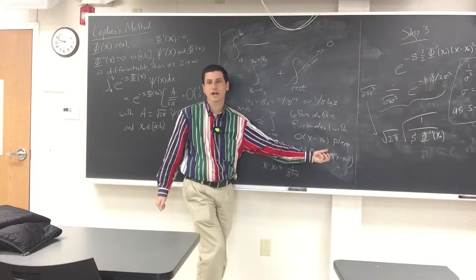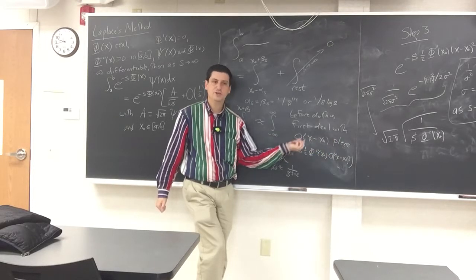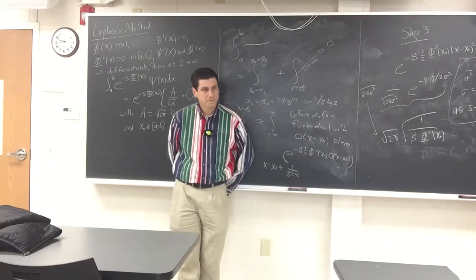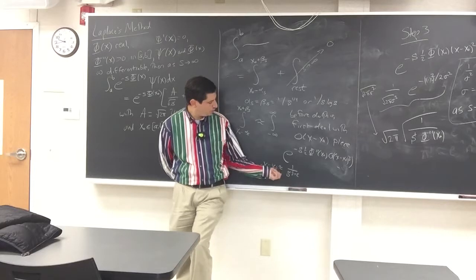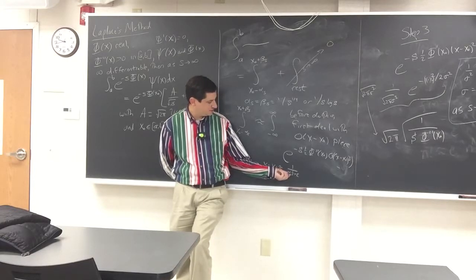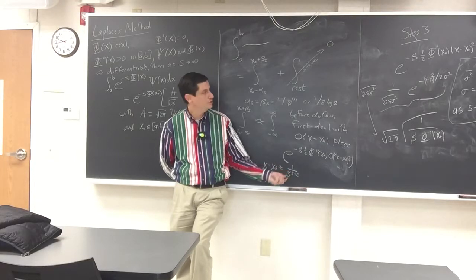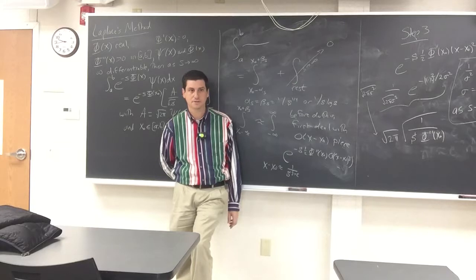I'll have a 1 over s to the 1 plus 3 epsilon. I have an s over here, so this would look like a 1 over s to the epsilon. So if we are only going up to the size of s to the 1/3, we're okay, in terms of the contribution from that piece.